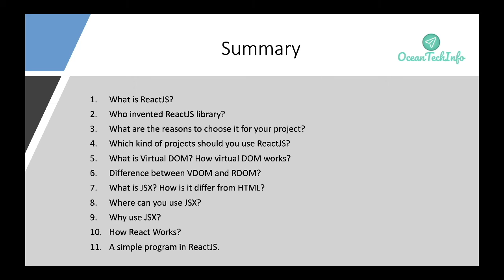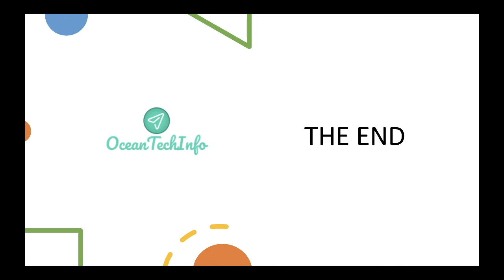What is JSX? How does it differ from HTML that I have explained? Where can you use JSX and why should you use JSX? How React works. I have also explained how to write a simple application in ReactJS. So that's all about the introduction to ReactJS.